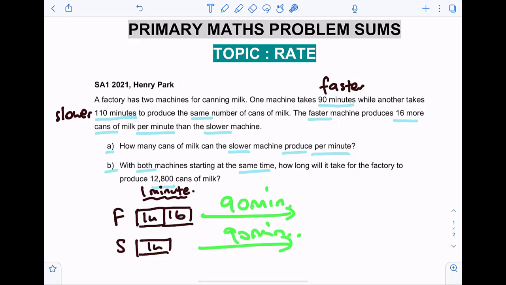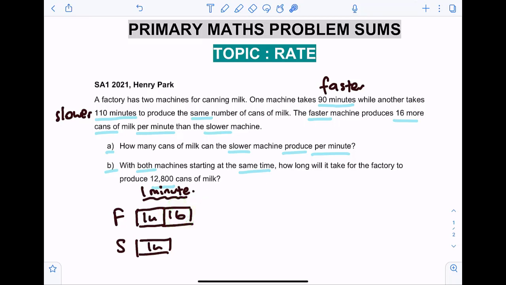Why? Because it is slower, and because of the extra 16 cans that the faster machine is able to produce every minute. So how many extra are produced after 90 minutes of operation? 90 times 16, that will be 1440.